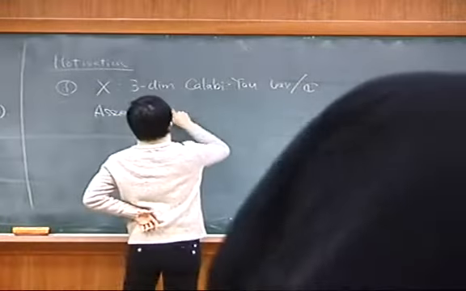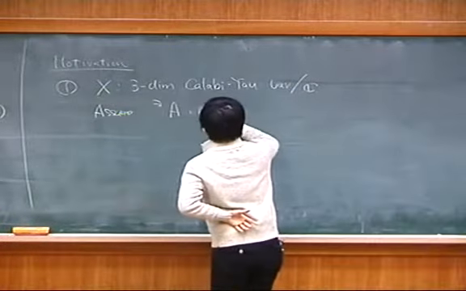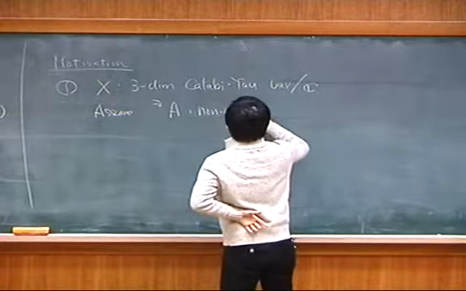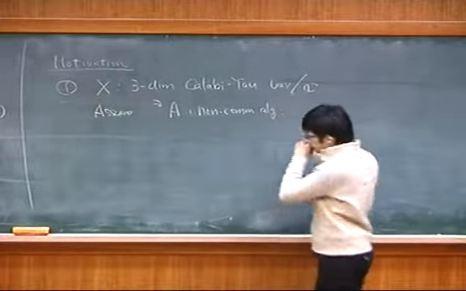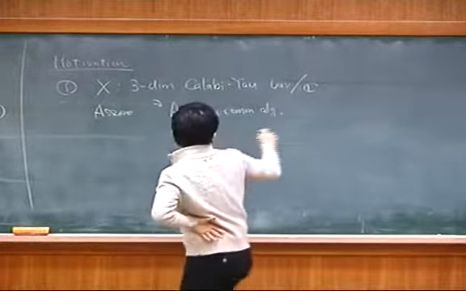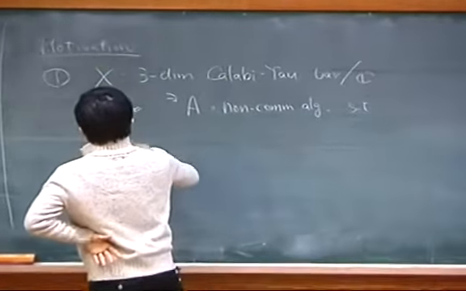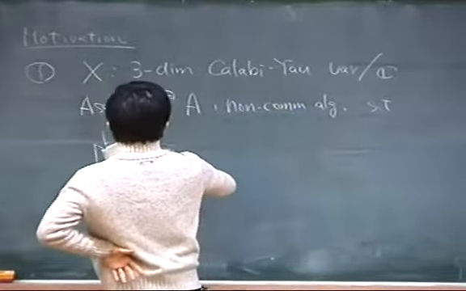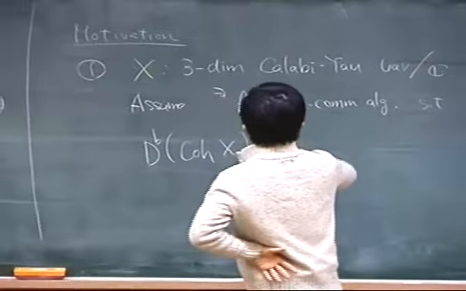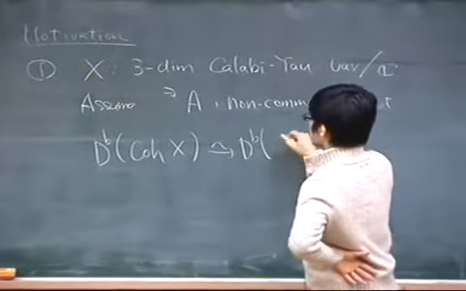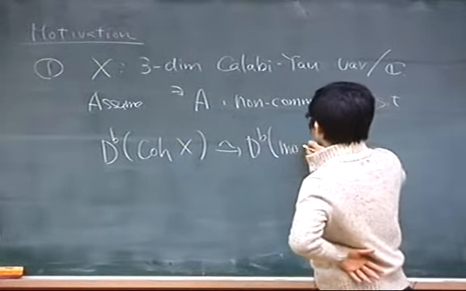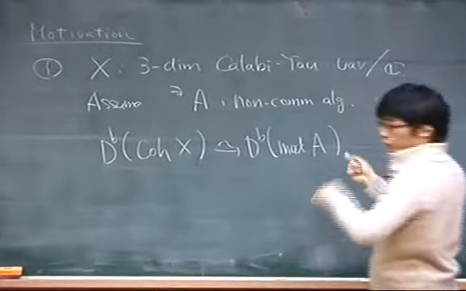And assume that we have a certain non-commutative algebra A such that the derived category of coherent sheaves on X is equivalent to the derived category of A modules.